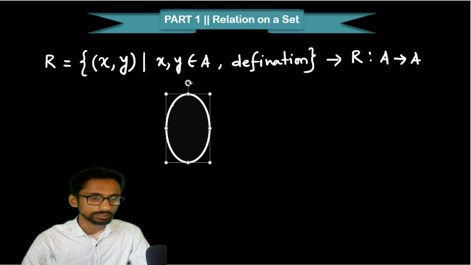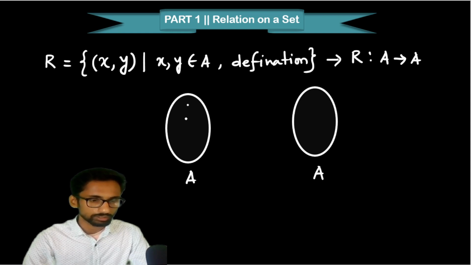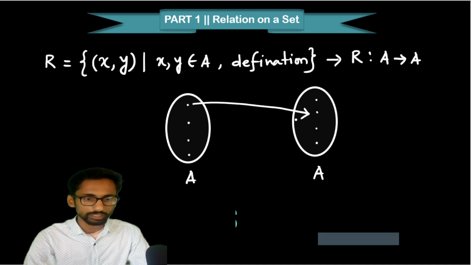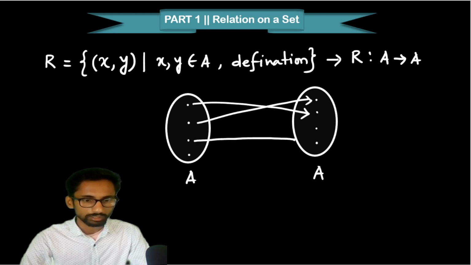Suppose this is the set A and this is the set B. So suppose these dots represent the elements of the set A and these dots also represent the elements of set A. And by a particular definition, this element is related to this one, this element is related to this one, this element is related to this one, and there is no such relation, or the definition is not covering this particular element and this particular element in both the source and the destination set.